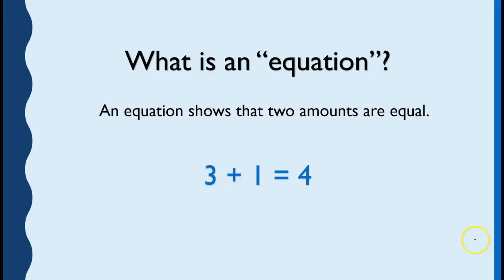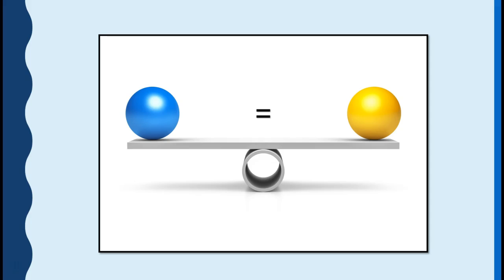Okay, what I want you to start to do is think about the equal sign as a balance. Whatever is on one side needs to be the same value as what's on the other side. And then you can see that it's balanced, it's equal. It's very important to think of it like that.